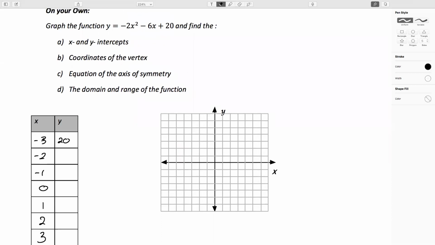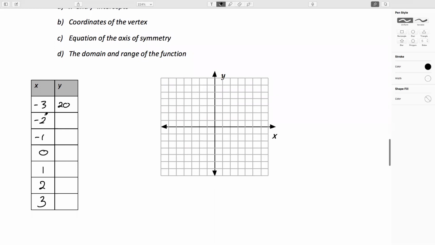Again, that would come from plugging -3 in for x in our equation. -2 corresponds to 24. -1 corresponds to 24. 0 corresponds to 20. 1 corresponds to 12. 2 corresponds to 0. And 3 corresponds to -16.